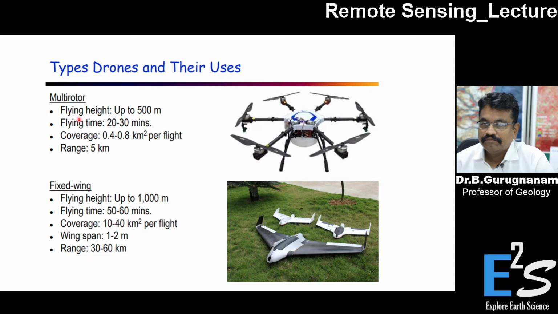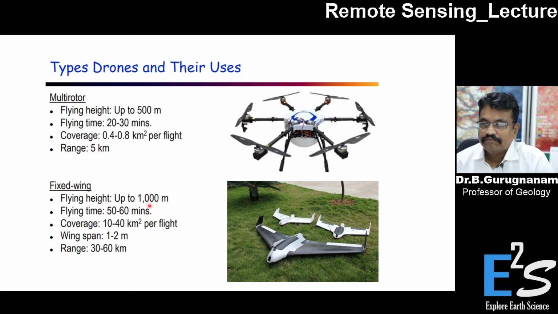Types of drones and their uses: multi-rotor and fixed wing. What is multi-rotor? Flying height up to 500 meters from ground. Flying time is half an hour. Coverage is about 0.4 to 0.8 square kilometer per flight, and range is about 5 kilometers. What is fixed wing?